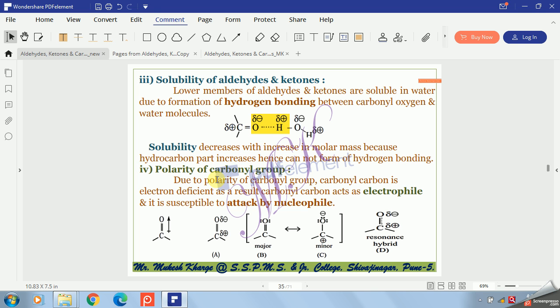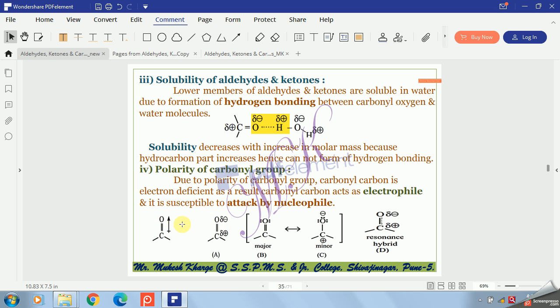Then polarity of carbonyl group. As I earlier discussed, in your carbonyl group, carbon is less electronegative than oxygen. So carbon is carrying delta positive charge, oxygen carrying delta negative charge. So the flow of the electrons in the carbon-oxygen covalent bond gets shifted towards the oxygen, the more electronegative pole.